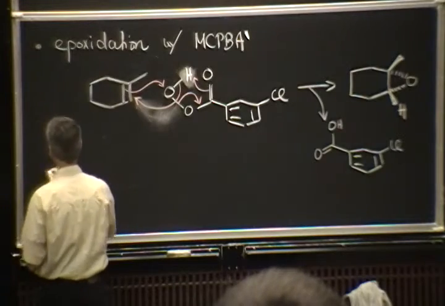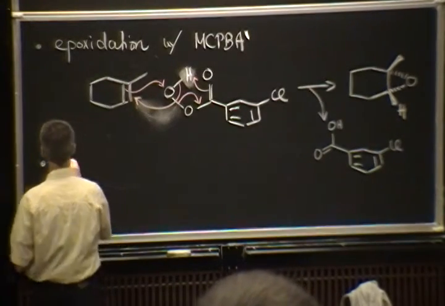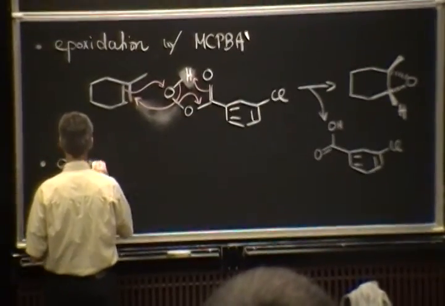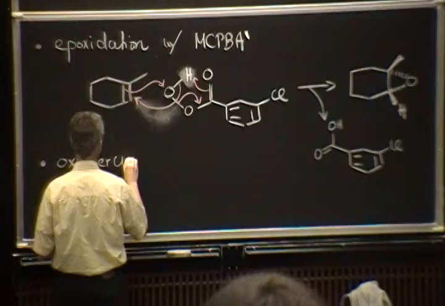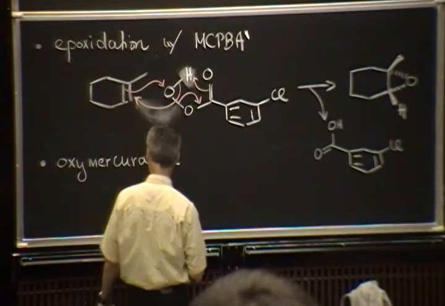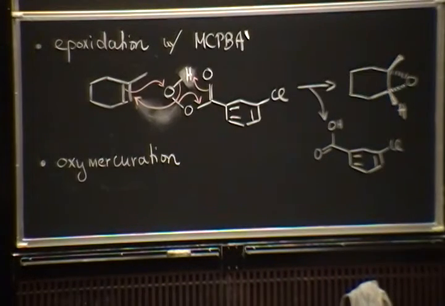So this is the epoxidation reaction. And that's something that we looked at in the last chapter already, so this is a review. What is new here is the next reaction, and that's the oxymercuration reaction.